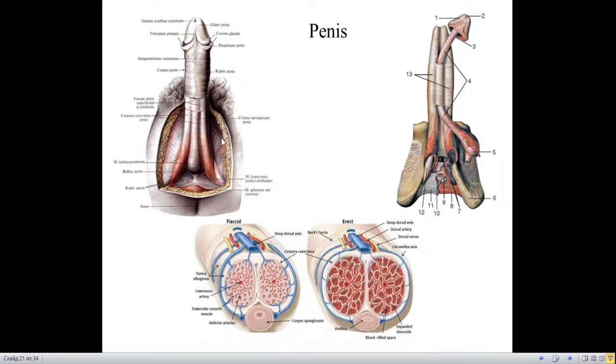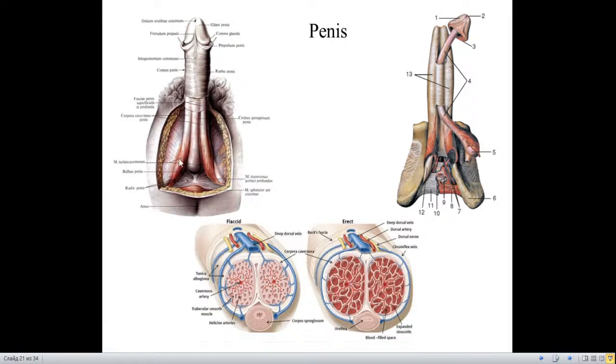They are different in structure, and on section you can see that corpora cavernosa is formed by specific tissue rich in vessels, and in erect conditions these cavernous spaces are filled with blood, and penis changes its position.